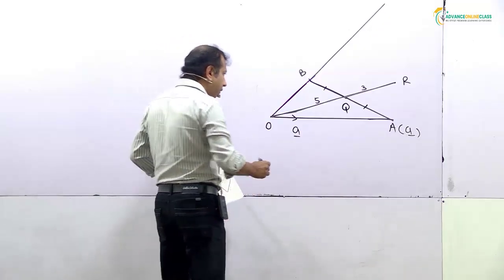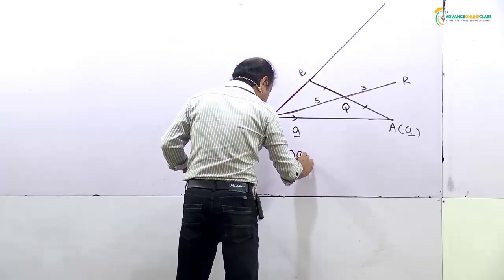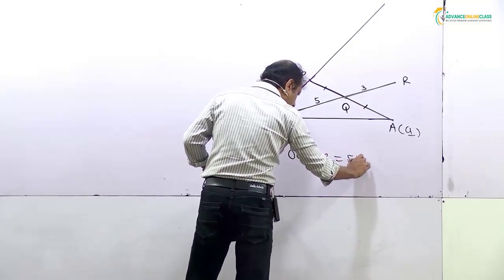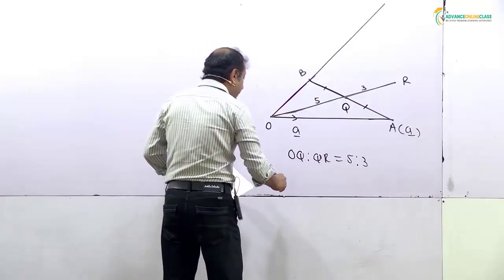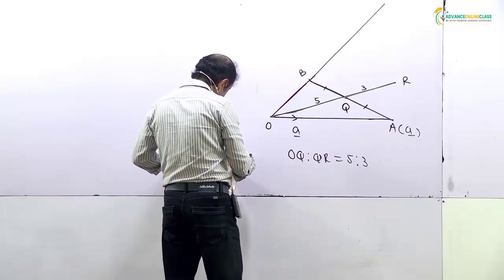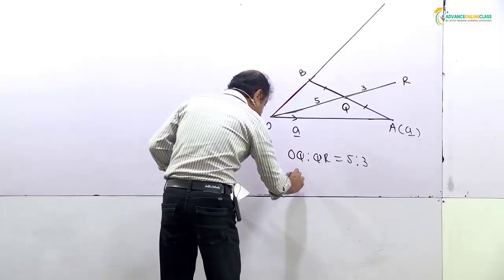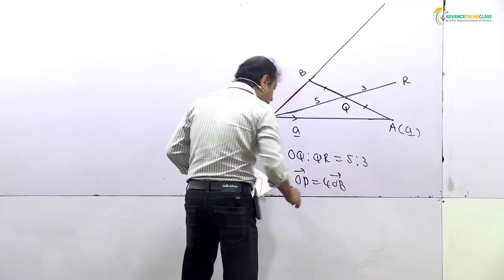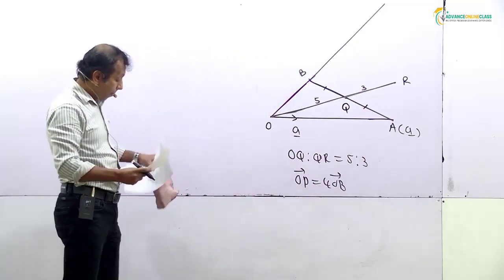OQ to QR is 5 to 3, right? That is given. And next, it is given that OP vector is 4 OB, right?